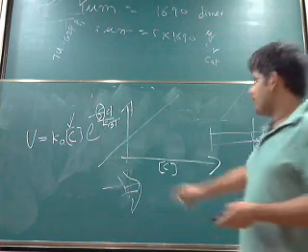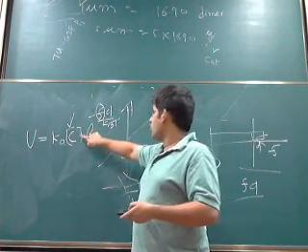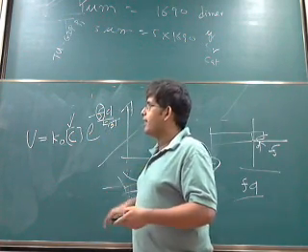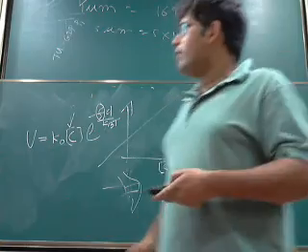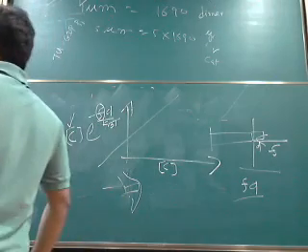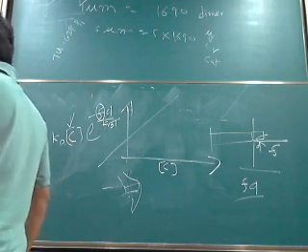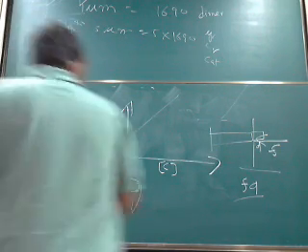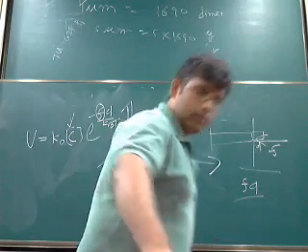So if I put in this fact, u is K0C e power minus Fd by kT. You know that V is u minus w, and if we take u equal to K0C e power minus Fd by kT, let's look at what we get quickly.